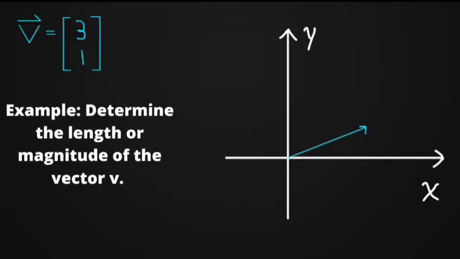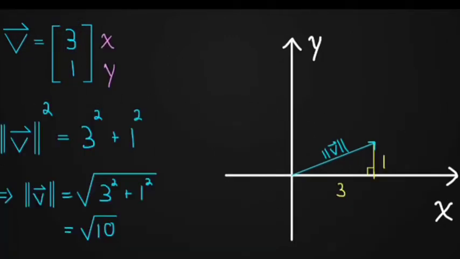Example: determine the length or the magnitude of the vector v, where the components are 3 and 1. That is, the x component is 3 and the y component is 1, which means that 3 is drawn in x direction and 1 is drawn in y direction, which gives that vector v.